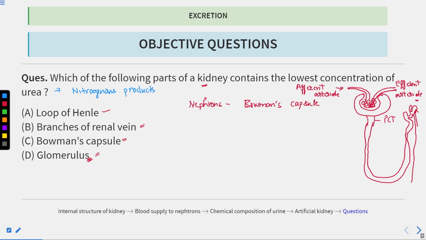This is a very rough diagram that I am drawing. This is the Henle's loop, this one is the distal convoluted tubule, and in the end you have this collecting duct.